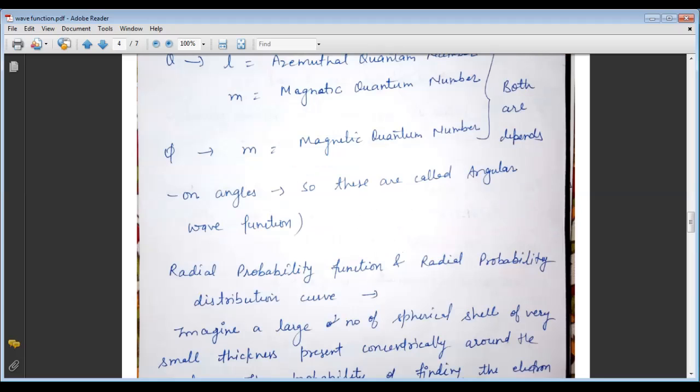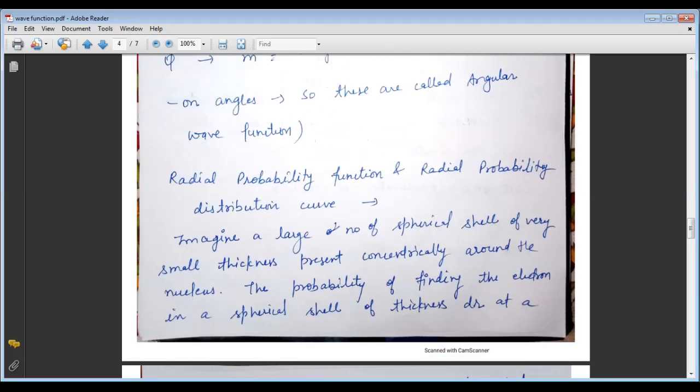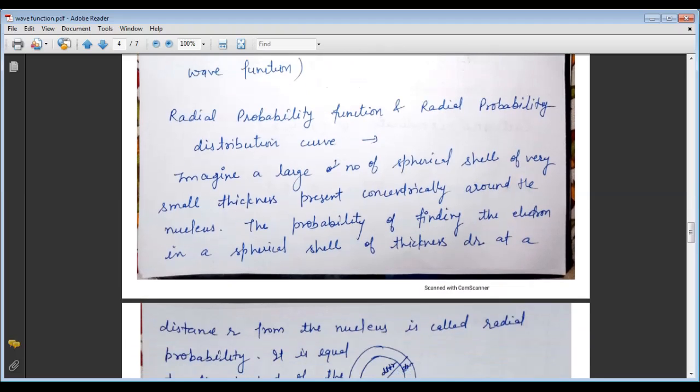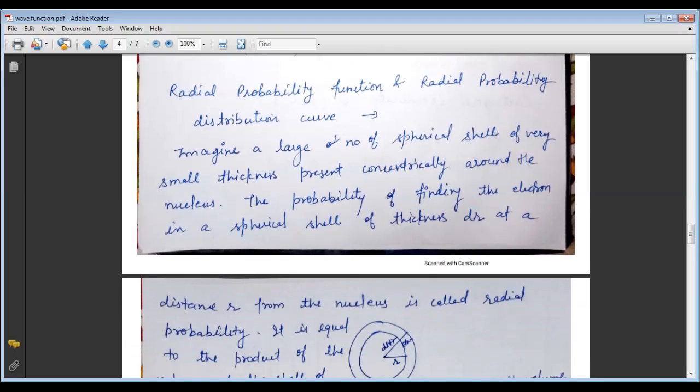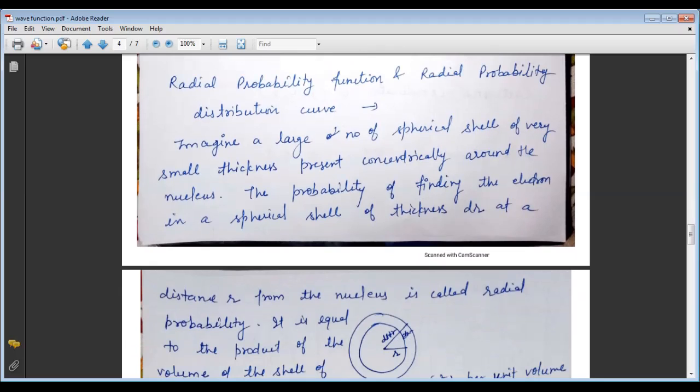Now come to the radial probability function and the radial probability distribution curve. Here we can imagine a large number of spherical shells of very small thickness. We can see in the diagram that the spherical shells of very small thickness are present concentrically around the nucleus.